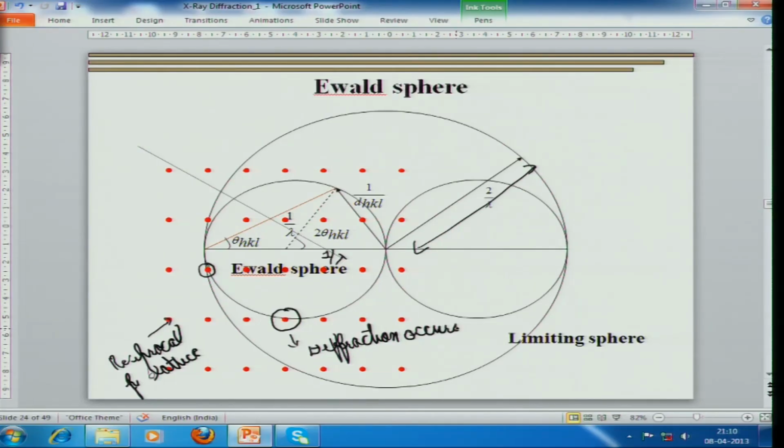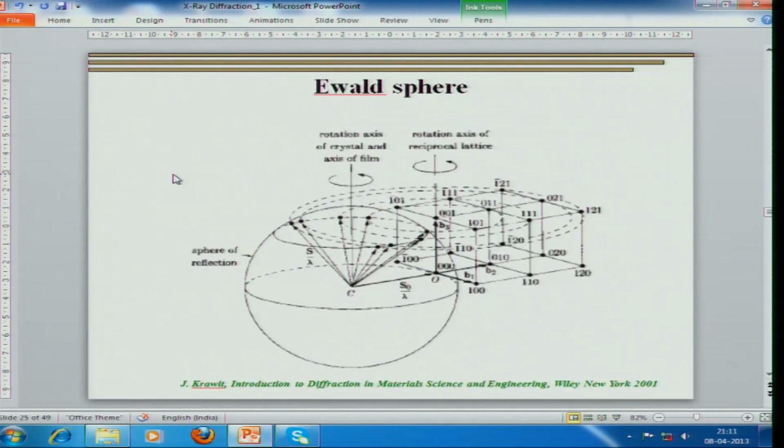Having said that, you can now imagine that by varying either the reciprocal lattice or the Ewald sphere, we can get diffraction in a material or in the crystal of our interest.